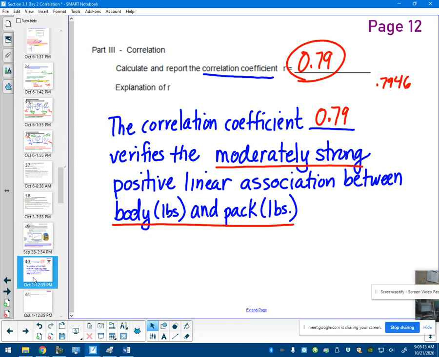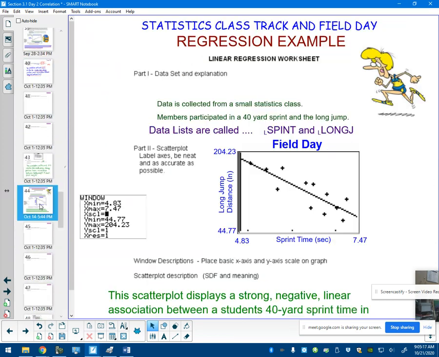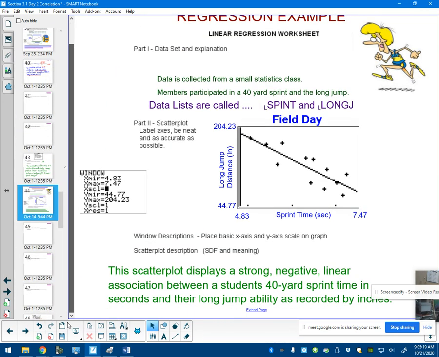Okay, last one. Let's do this again for sprint and long jump. This is in our big packet, page 16. Yesterday we did this part. All right, here we go.